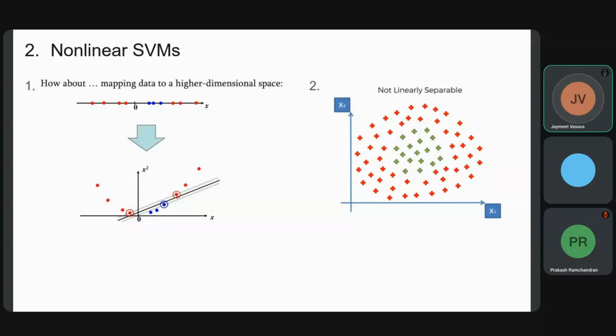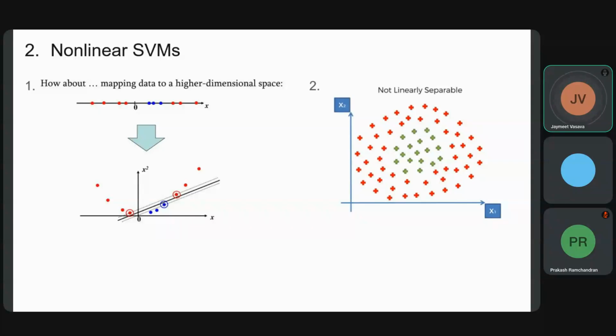So what we do when we are working with such non-linearly separable data is transform the data into higher dimensions, where we can find a plane. You can see in the case of the first image, we are transforming the data points into higher dimensions, where we can find a hyperplane which separates both the negative and the positive classes.